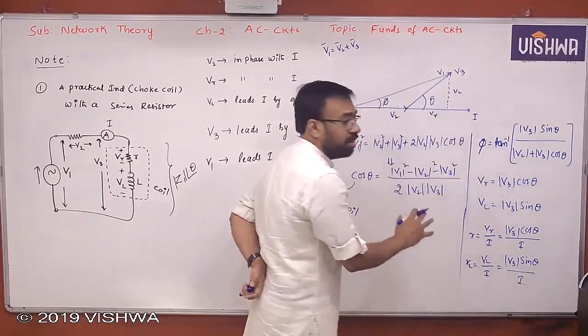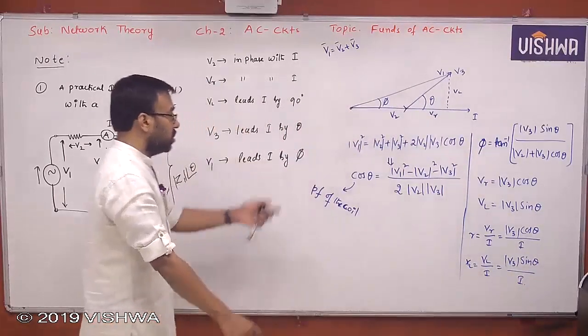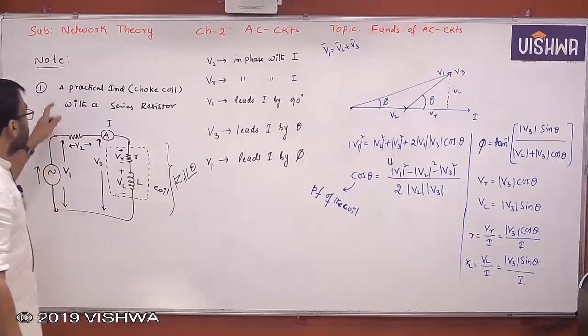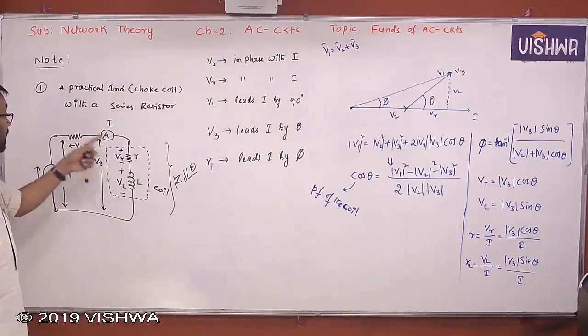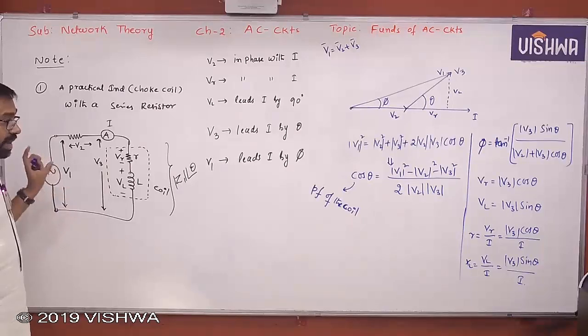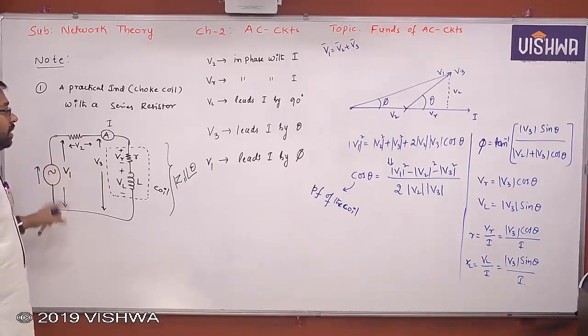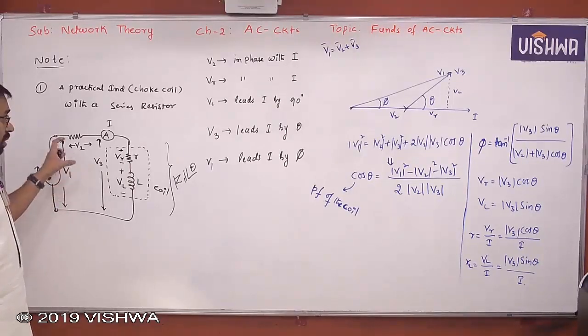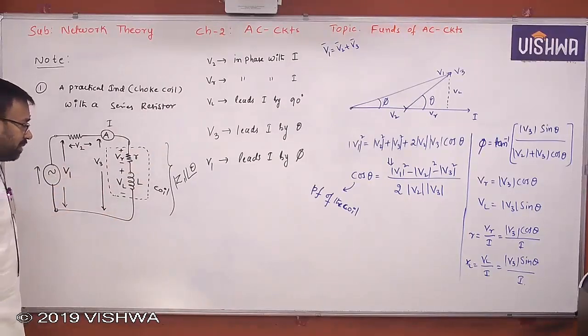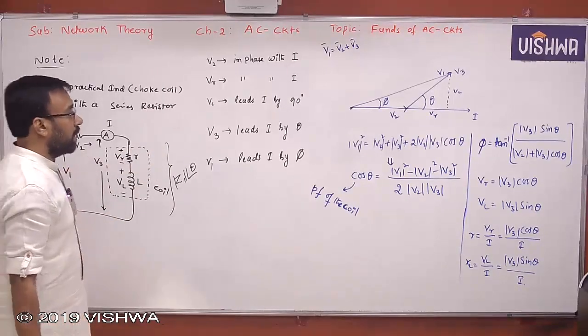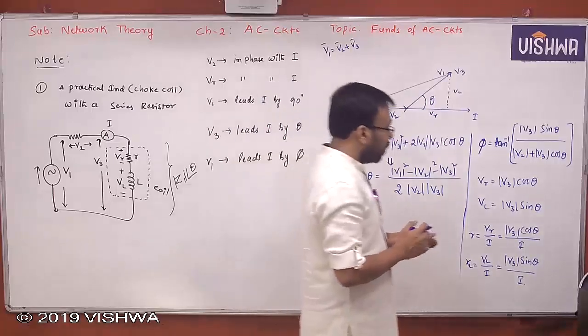Understand? These are all very, very important relationships, so please note them down. This is the practical inductor, that is, a choke coil with a series resistor. You can easily recognize it whenever this kind of diagram is given in the exam. And V1, V2, V3 are only the RMS magnitudes of the voltages read by MI type meters connected across these elements. Note down.